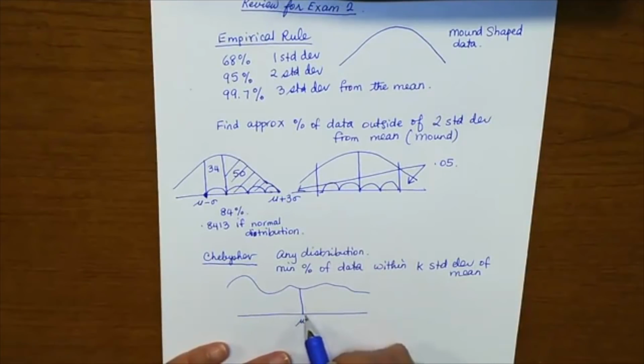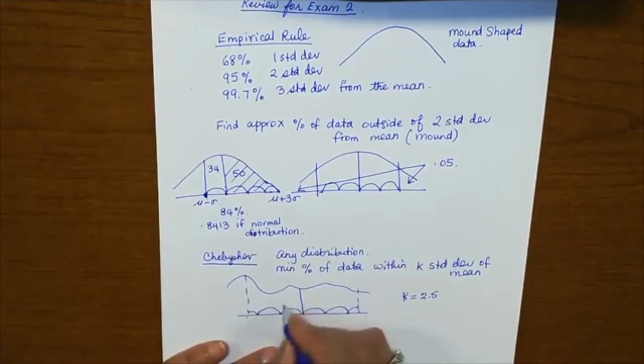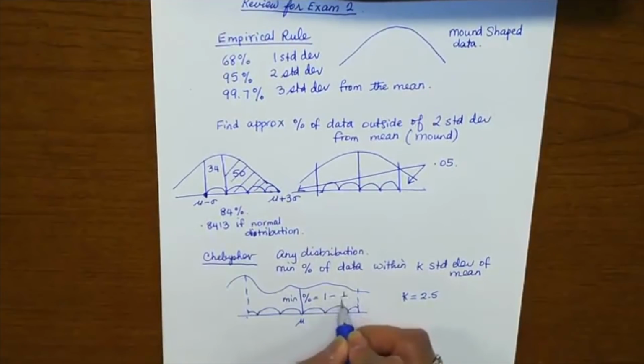So let's say k is 2.5. That means I went 2.5 standard deviations on this side, 2.5 standard deviations on the other side. And the minimum percentage of data within is equal to 1 minus 1 over k squared. So for me, it's 1 minus 1 over 2.5 squared.